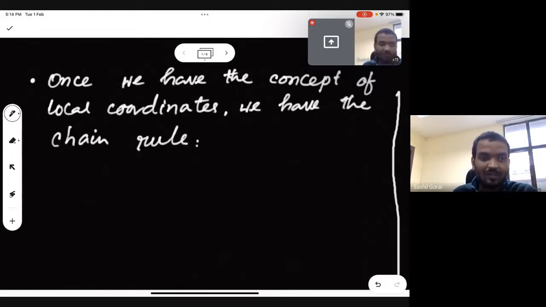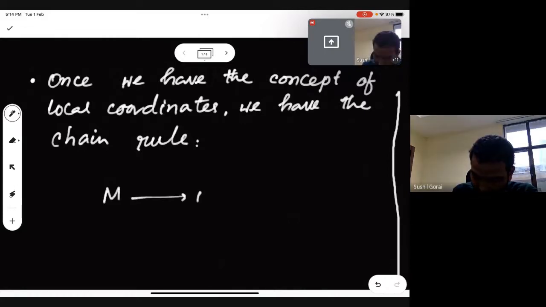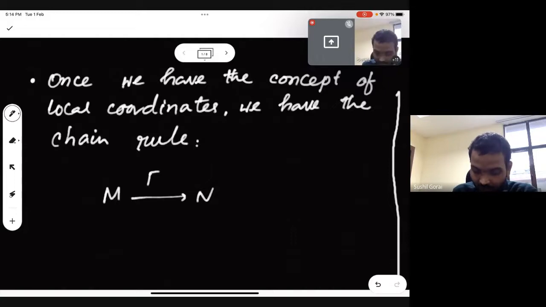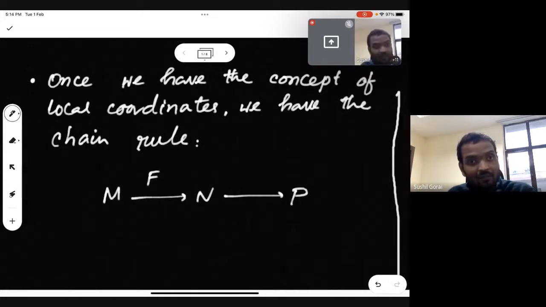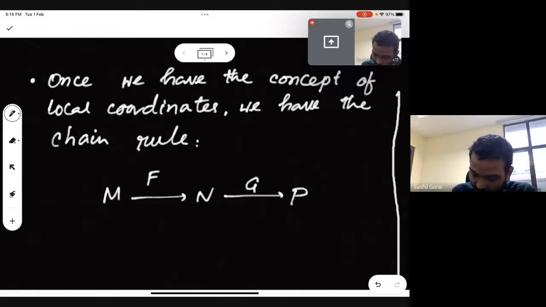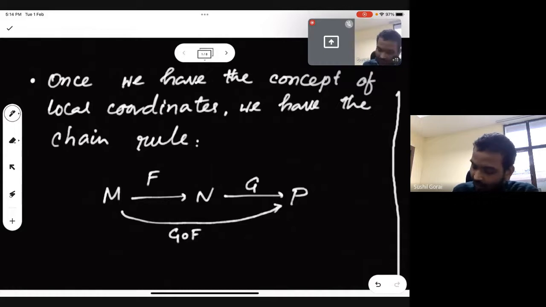So how does it look? You have a map F from M to N, and a map G from N to P, where M, N and P are smooth manifolds. Then you look at the map G compose F, and you can find its derivative.